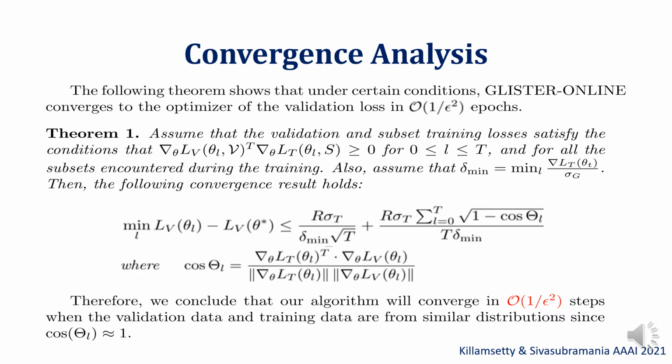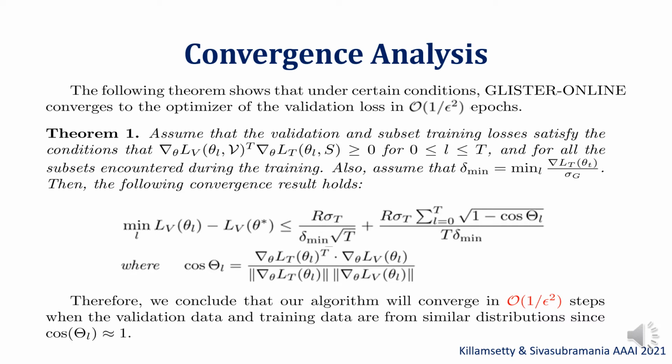If you assume that the dot product of the validation and the training loss gradients is always greater than or equal to 0, and there's this delta min, basically, which is the minimum of the normalized values of the gradient, normalization with respect to the norm of the gradient itself, the upper bound and the norm of the gradient.